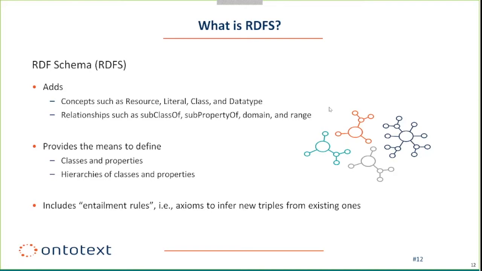In addition, RDF includes entailment rules, which are axioms that allow you to infer new triples from the existing ones. So by using those entailment rules, you can gain more information.